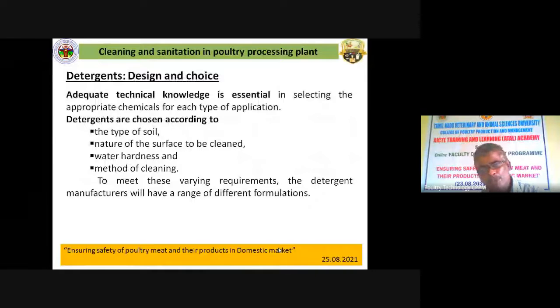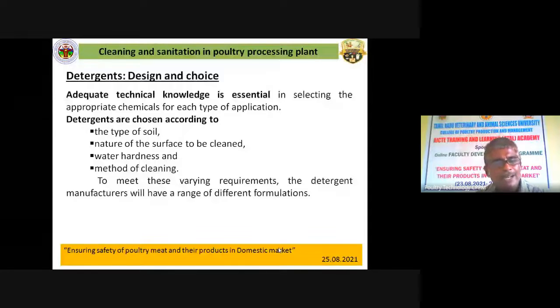Now you have come to an idea that a detergent is not made up of a single compound, it is a combination of several compounds, and it may be customized based on the food plant requirement. So when you develop a detergent, adequate technical knowledge is essential. If I'm a person developing a detergent for a particular processing plant, I should have knowledge of the different types of soil and what raw materials and ingredients are being used in that food processing plant, and then only can I effectively design my detergent.